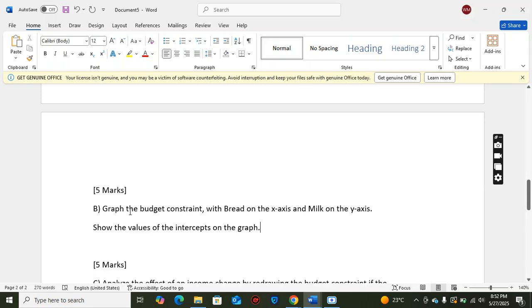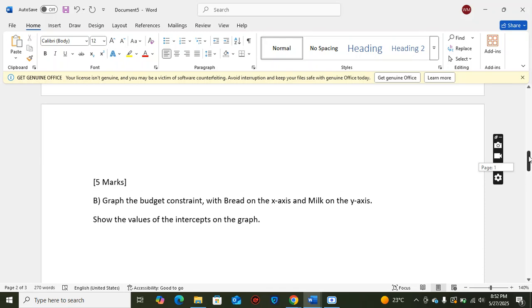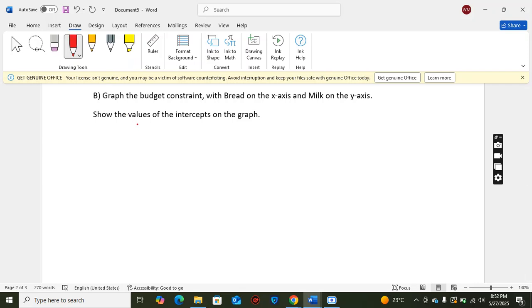So here, part B: graph the budget constraint with bread on the x-axis and milk on the y-axis. The fastest way you can graph this is to use the intercepts which we have calculated.